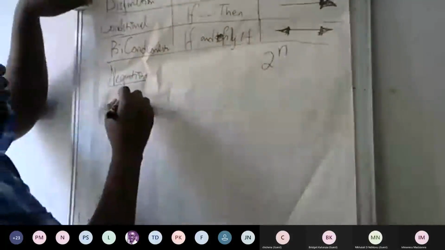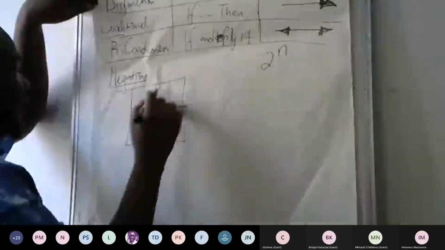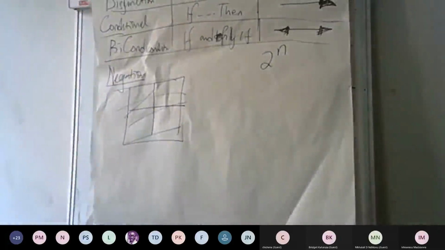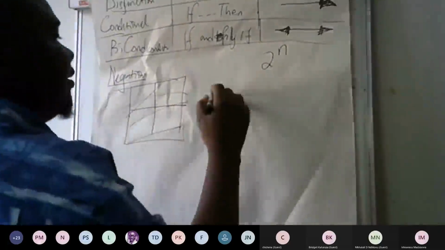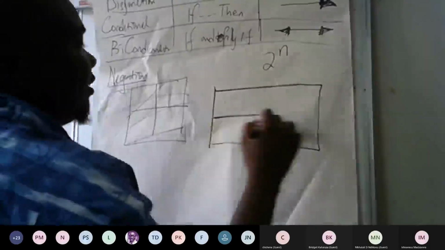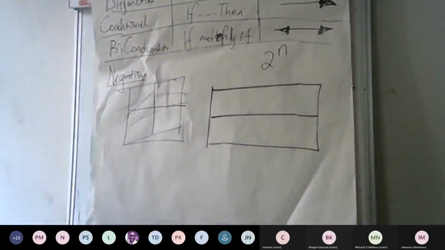The negation I don't have to worry much about because it's quite simple. I'll need 2 rows for that negation.